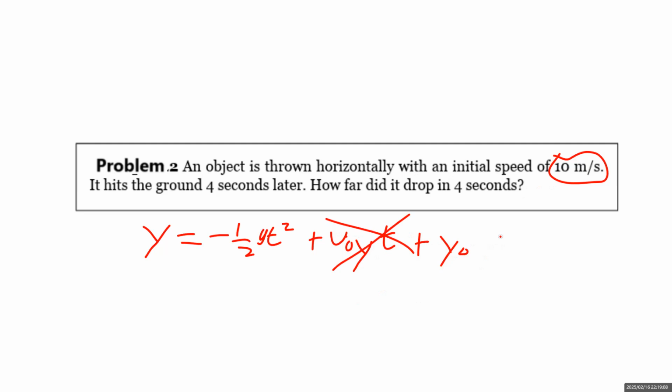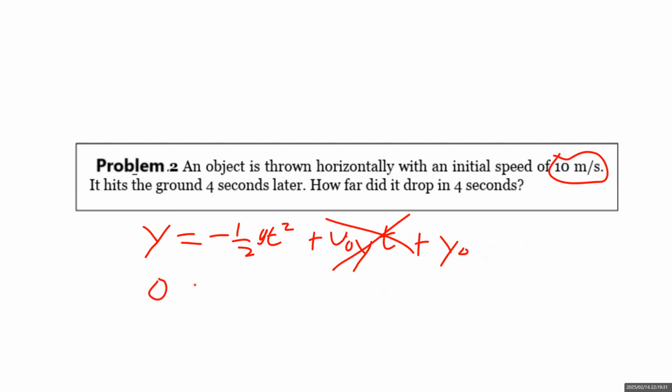Now, we know that t is 4 seconds. And we know that y is 0 since it hits the ground. All we don't know here is y naught.